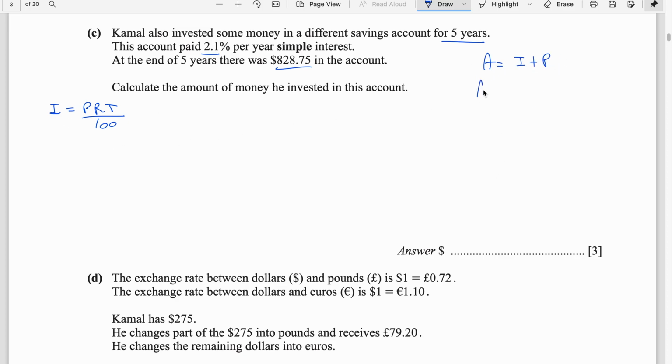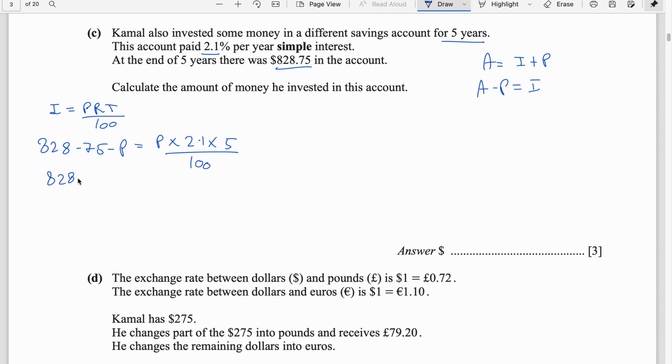So making that the subject, amount 828.75 minus the invested amount, that is principal. The rate is 2.1. Time is 5 years.